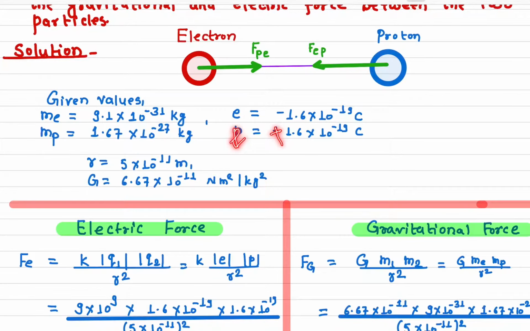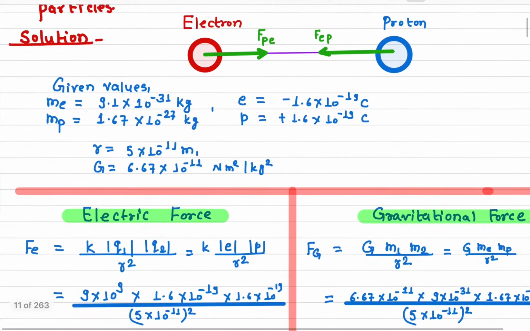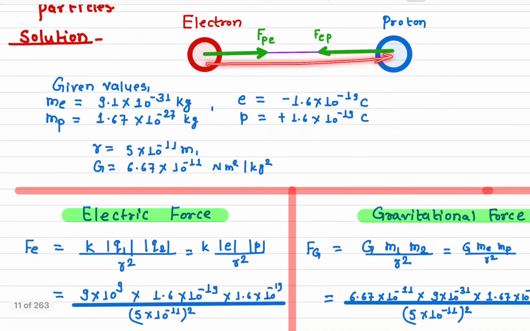P stands for the proton, and E stands for the electron. Me is the mass of the electron, and Mp the mass of the proton. The distance between the proton and the electron is r, which is this number here.